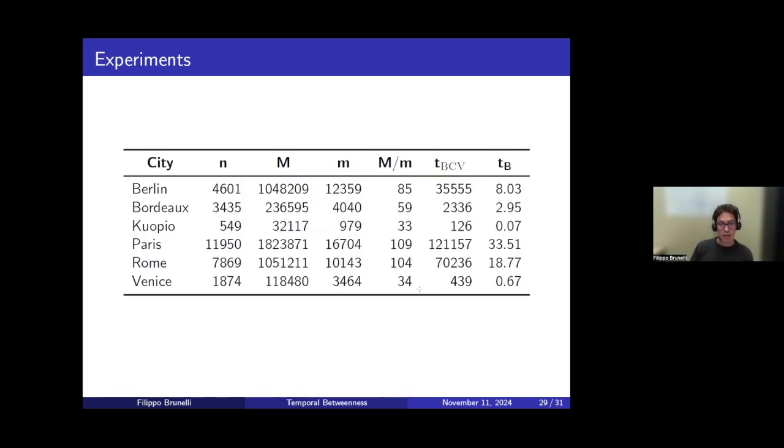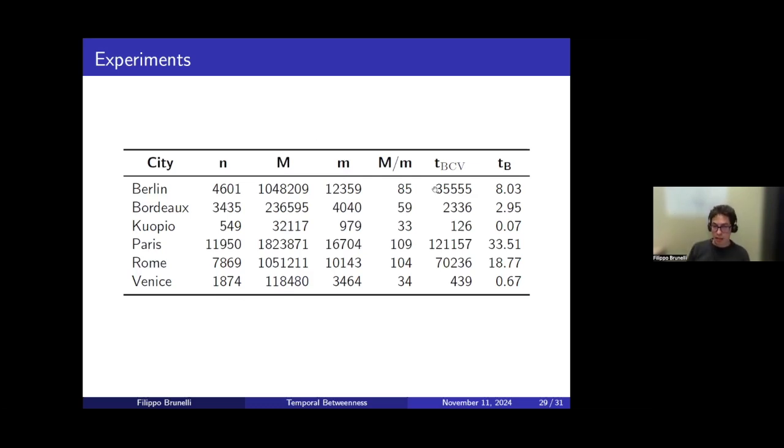And then for the last part of the experiments, we perform some experiments on public transit networks. We consider 6 cities with different sizes. Here we also report small m, which is the number of edges in the static graph that is the projection of the temporal graph, so basically there is an arc if there is at least one temporal edge connecting two nodes.